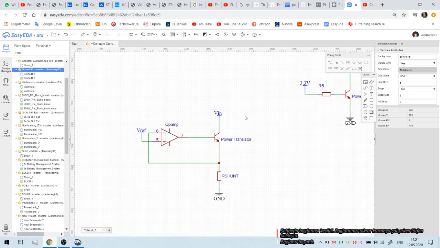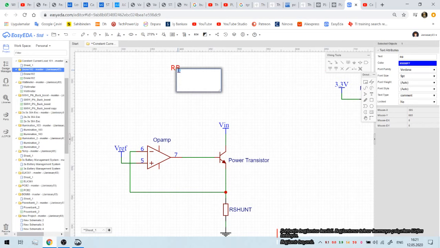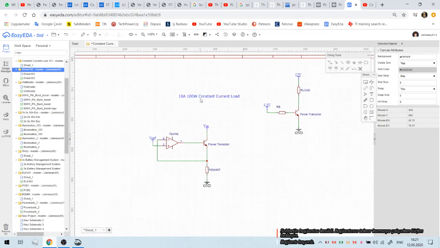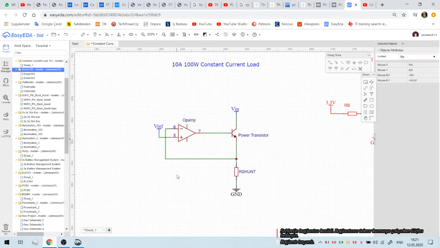I hope these are our design parameters, I can say here, 10 amp, 100 watt constant current load. And also I will explain basically op-amp. I want to do that.